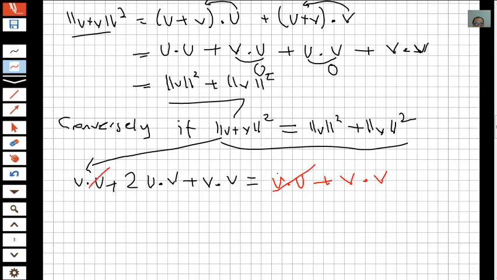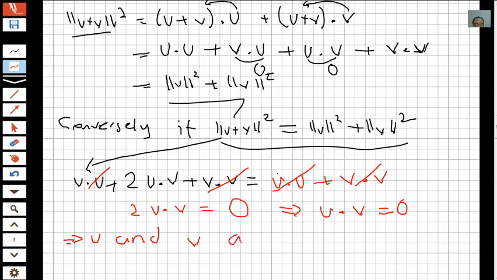Removing them, we have the same things on both sides. So on the left hand side, we just have 2 times u dot product v, and on the right hand side we have 0, which means that u dot product v is equal to 0, which means that u and v are orthogonal.